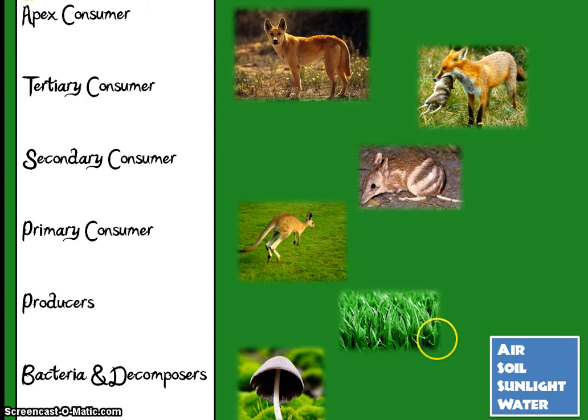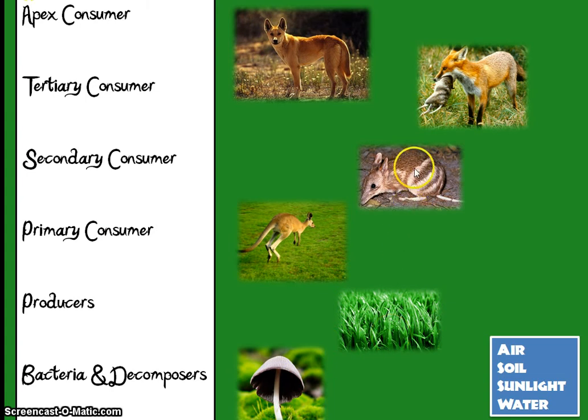Okay, next up we have our secondary consumers. Now obviously this little bandicoot here is not going to eat an eastern grey kangaroo, but what they do eat is a lot of insects and moths and that kind of stuff. And insects and moths fit in our primary consumers because insects and moths eat our plants, okay? So they eat producers.